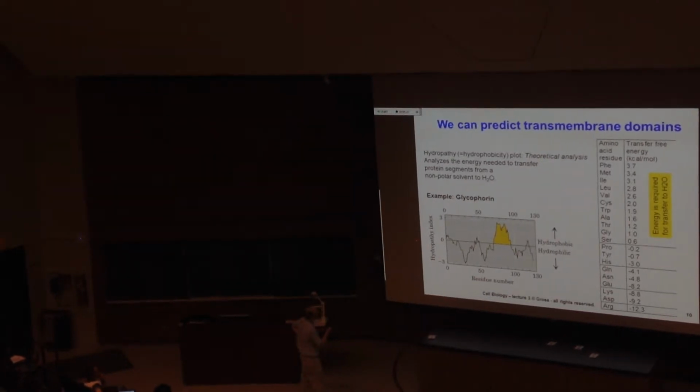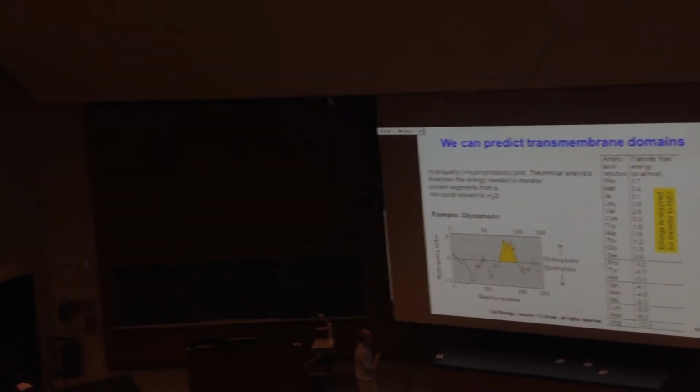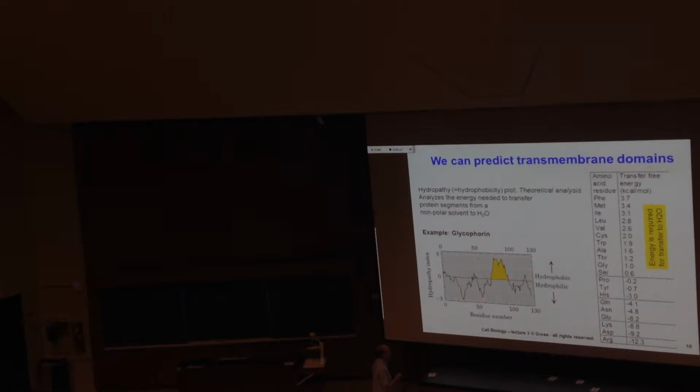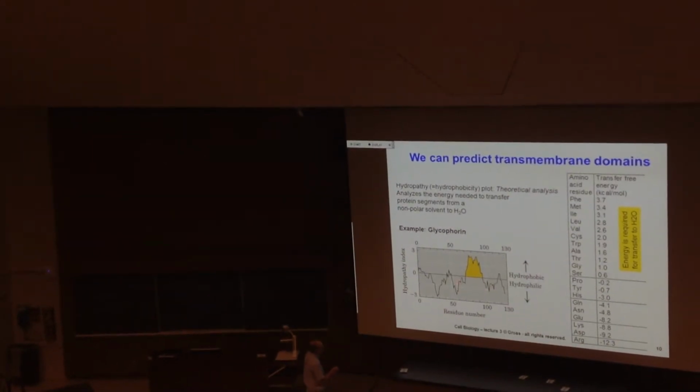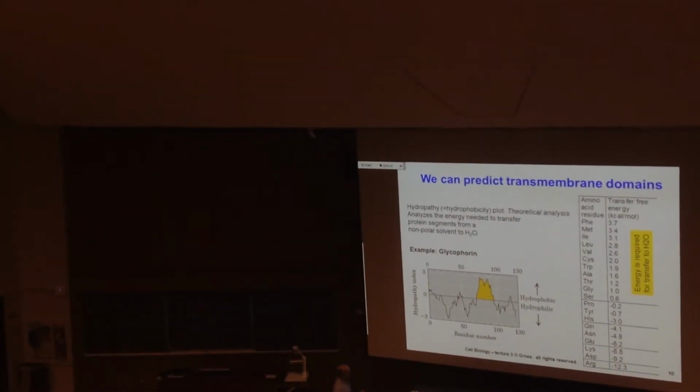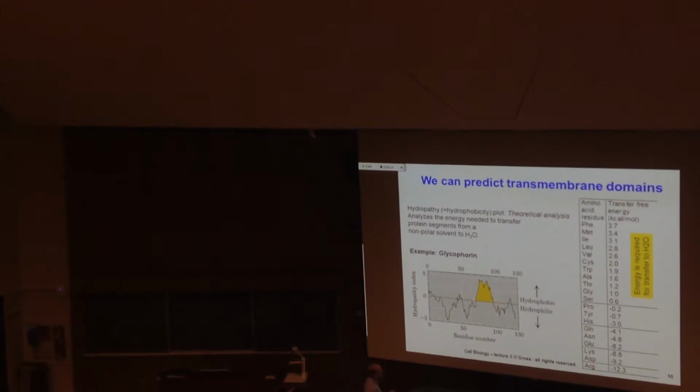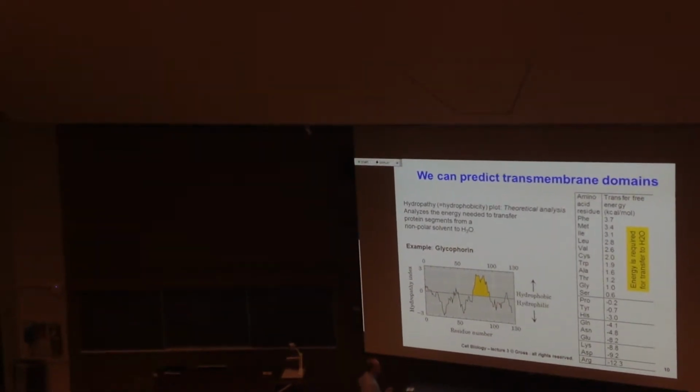If you have a program that scans along and looks at the hydrophobicity locally, which is called hydropathy, it will go high at a certain point, and in the transmembrane domain, it'll stay high for about 20 or 25 amino acids.